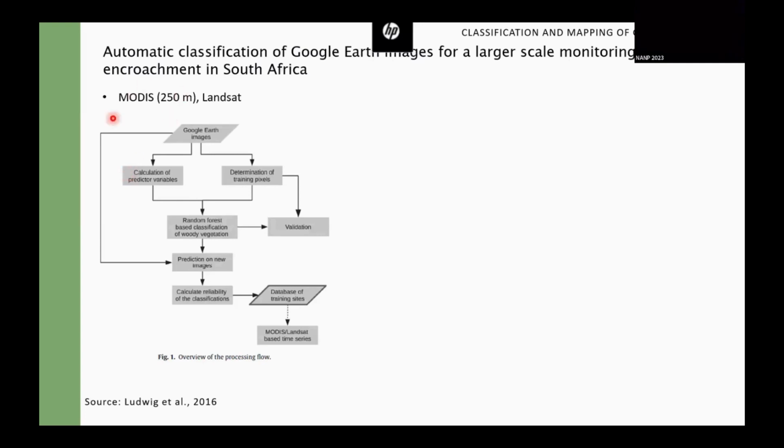Basically, the authors get these images, then they calculate some predictive variables and determine the training pixels. They use the random forest to perform this classification, and ground truth measurements to validate it. And they apply this classification in a large scale with satellites like Landsat.